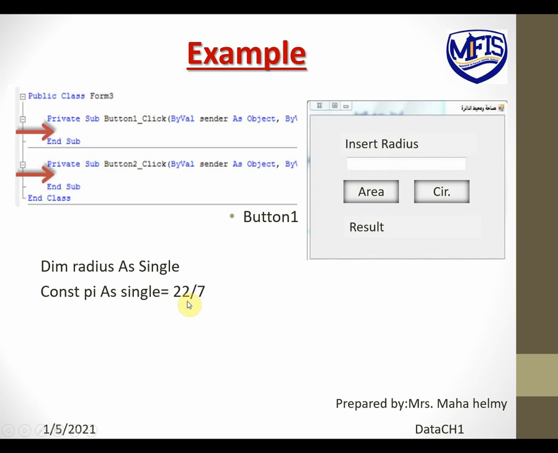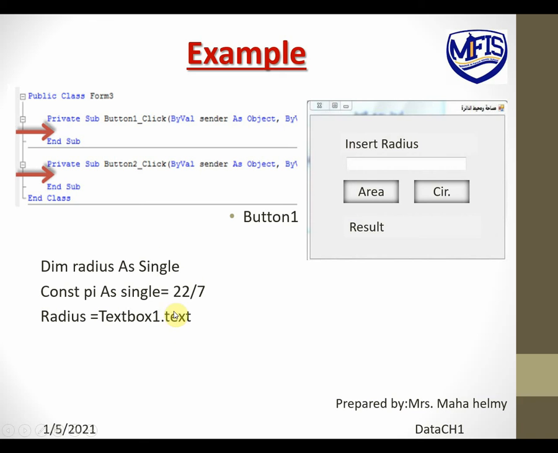And then after declaring the constant, we should tell Visual Basic where we can get the radius. We said that we will get the radius from the user, and the user will insert the radius in this text box, so we have to say that radius is inserted by TextBox1.Text. How is that? Radius = TextBox1.Text.